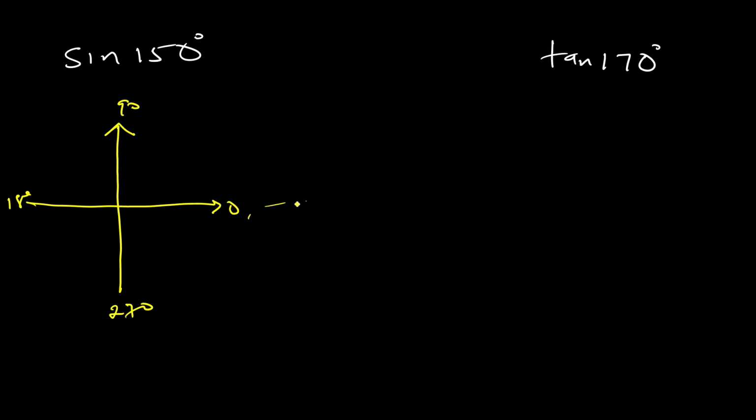Now go ahead and try the following. Let's express the following as an acute angle. We are talking about sine 150. So 0, 90, 180, 270, then you are back to 360.